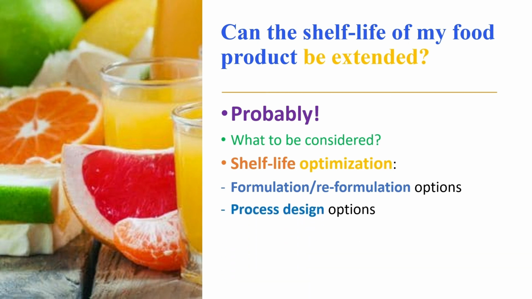Then we need to redesign the process of production. The last but not the least, we need to consider the packaging system that we use. But for sure, this is another story which is not included in this workshop. We may have another one.